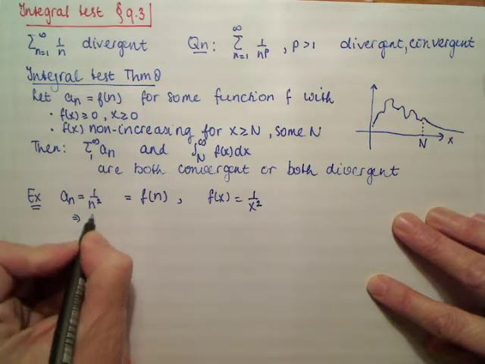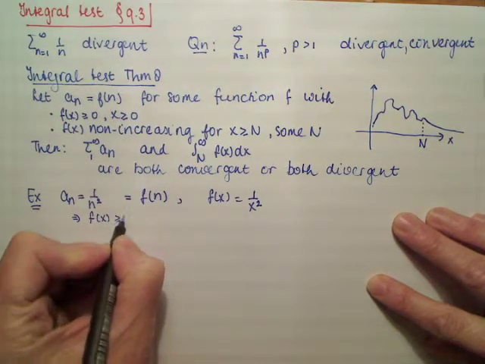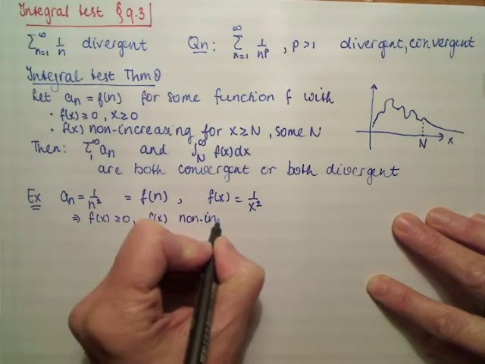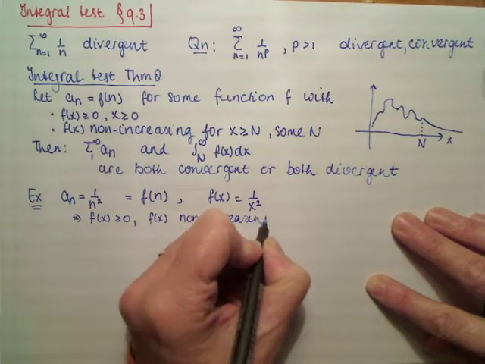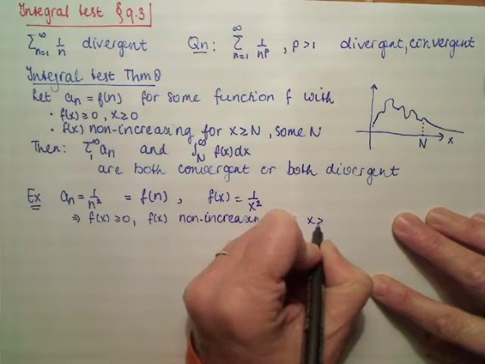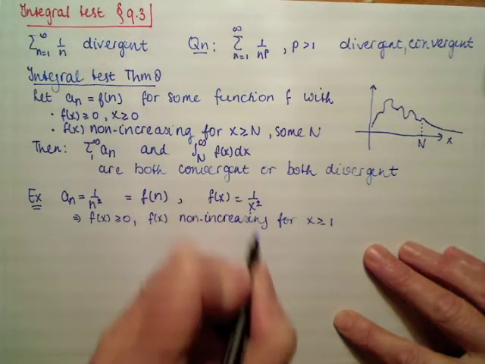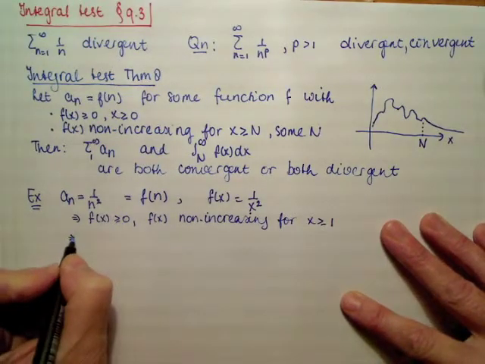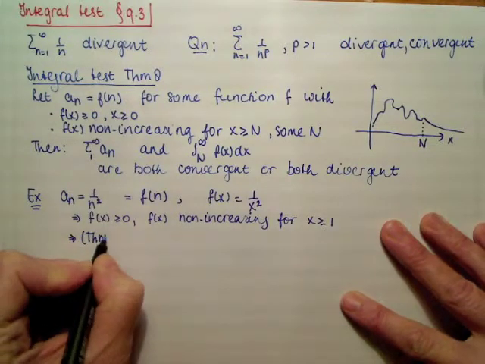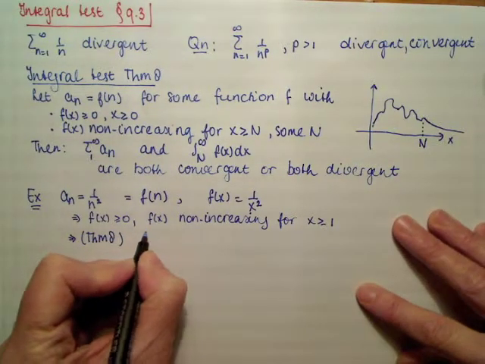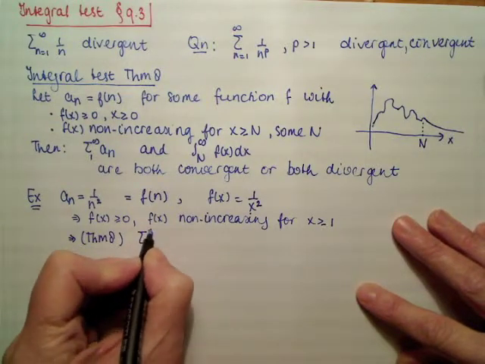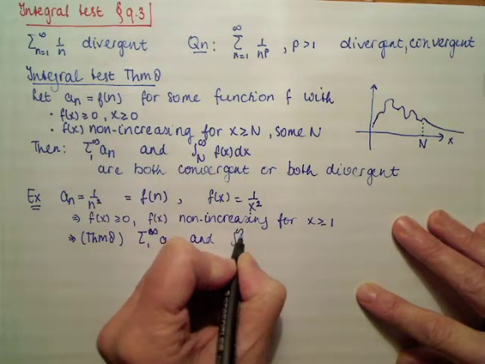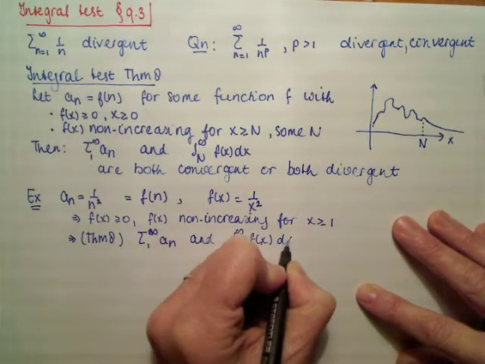So the conditions of the theorem are satisfied, and so the conclusion is that the series and the improper integral converge or diverge together.